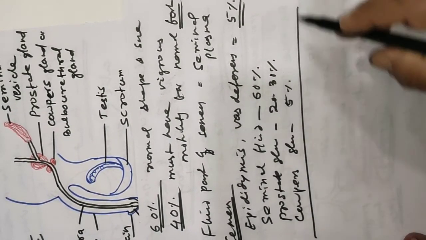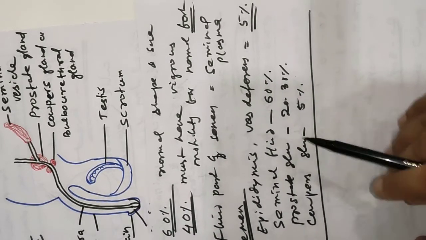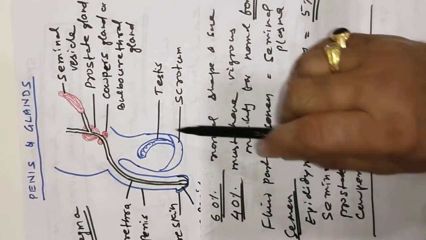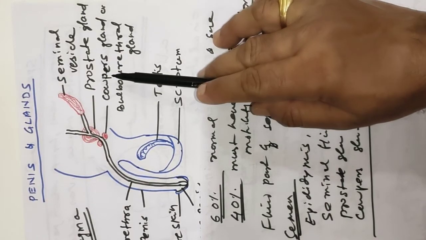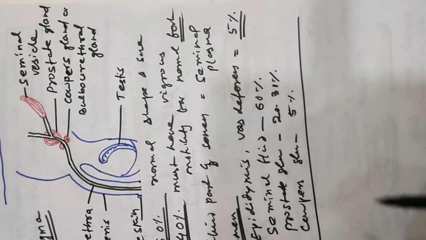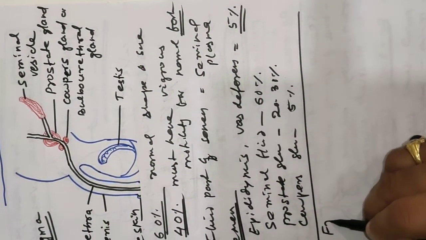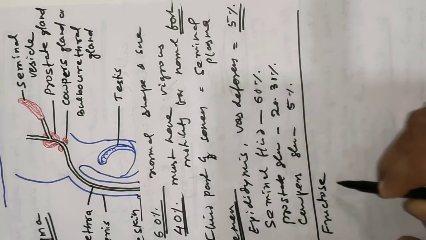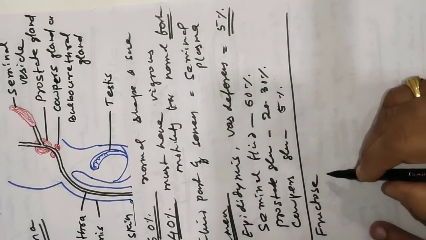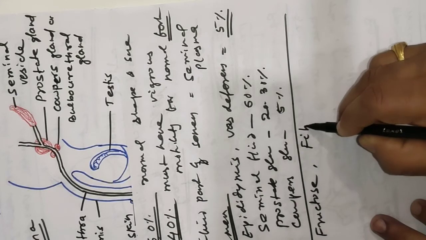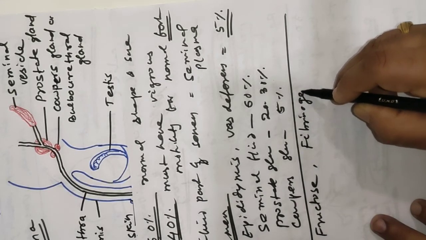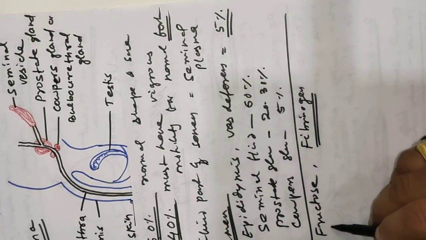The semen contains secretions of all these glands, that is the seminal vesicle, prostate and Cowper's gland. So the semen contains fructose and fibrinogen. Fructose is used for forensic tests for rape.